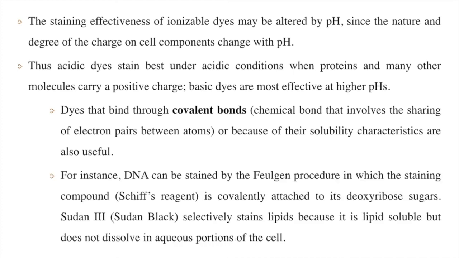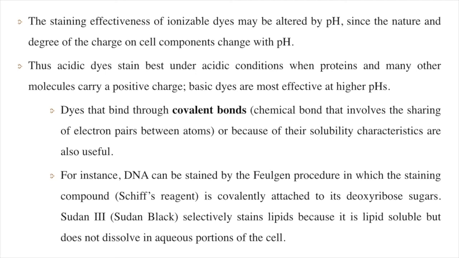For example, DNA can be stained by the Feulgen procedure, in which the staining compound is covalently attached to its deoxyribose sugars. What happens during that staining process? The Schiff's reagent is covalently attached to the deoxyribose sugars of the DNA molecule.